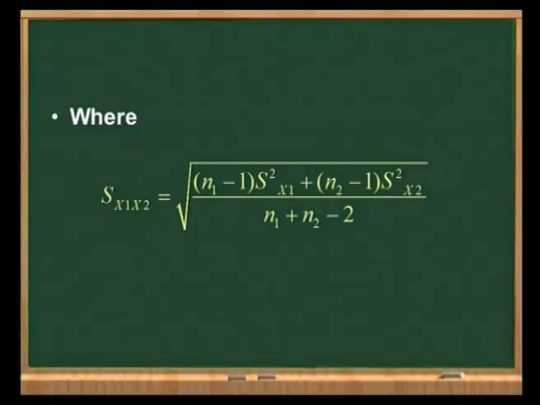In these formulae, n is equal to the number of participants, 1 is group 1, 2 is group 2, and n minus 1 is the number of degrees of freedom for either group. The total sample size minus 2, that is n1 plus n2 minus 2, is the total number of degrees of freedom, which is used for significance testing.